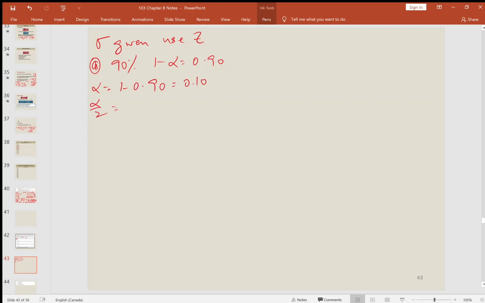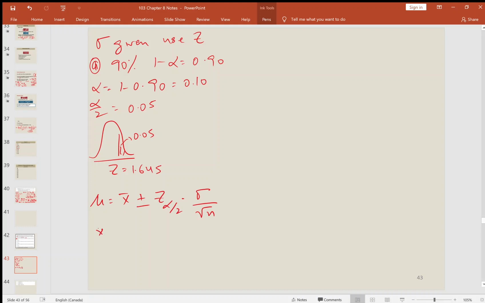Alpha by 2 is 0.05. So if this area is 0.05, the z-score is going to be 1.645. And we'll be using this formula where mu is equal to x bar plus or minus z alpha by 2 times sigma divided by square root of n.